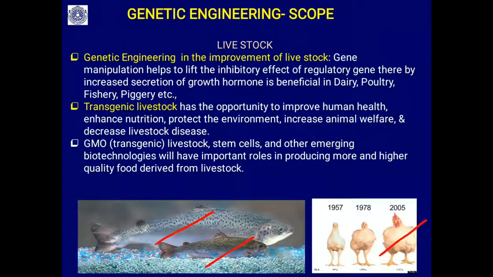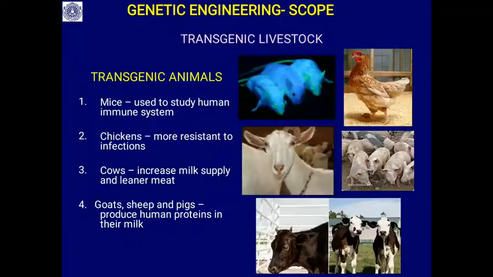So the transgenic livestock improve human health, enhance nutrition, protect the environment, and increase animal welfare. So many advantages one can think about. Stem cells and other emerging biotechnologies will be important for producing more, because of the increasing population; that is the only answer we have.